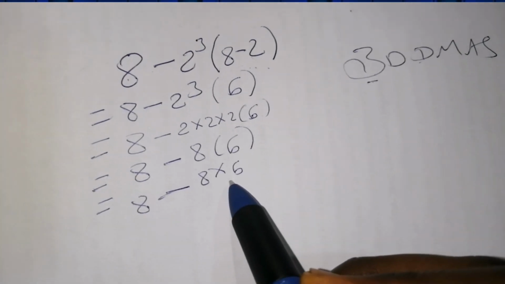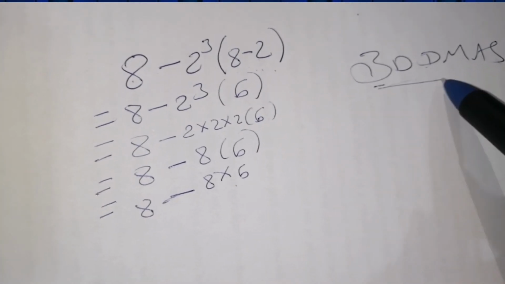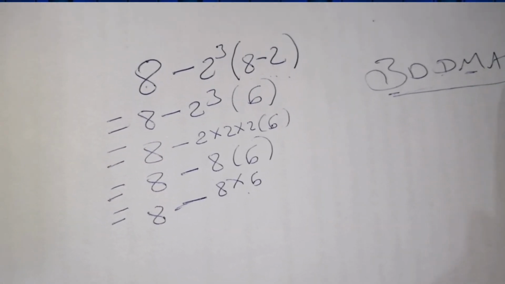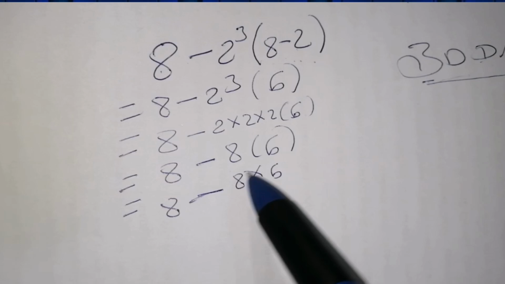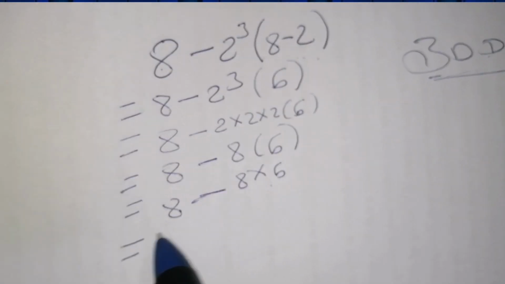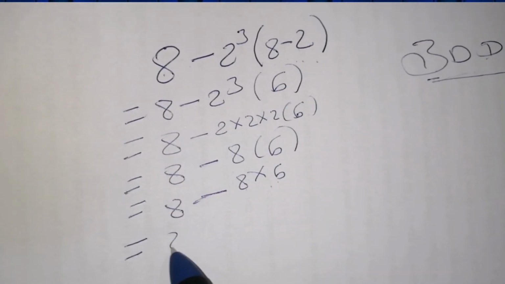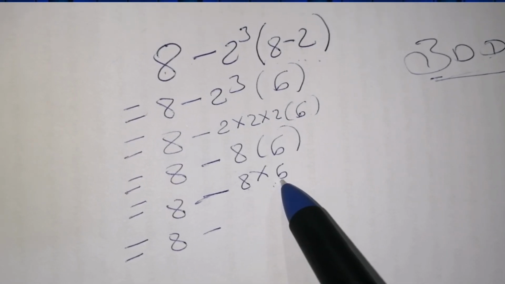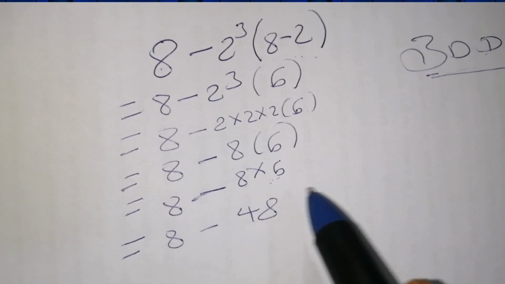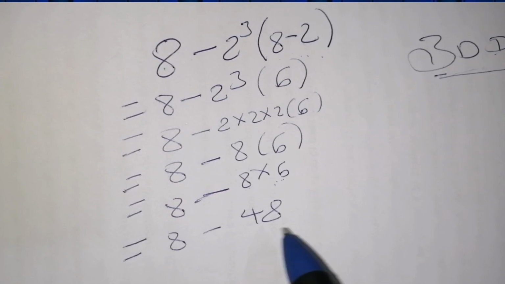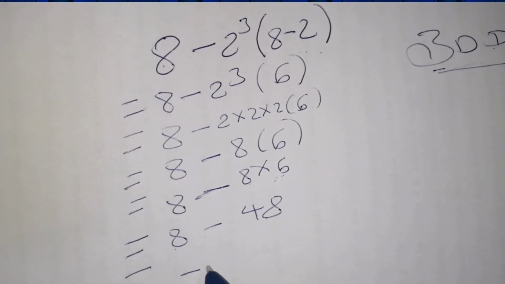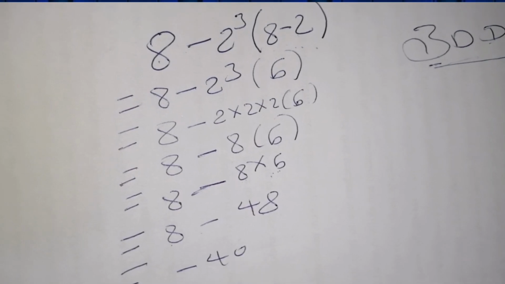Due to the BODMAS rule, we have to first multiply before subtraction. So we multiply first 8 times 6, which is 48, then 8 minus 48, which is negative 40.